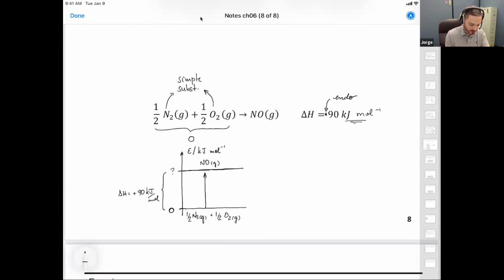So the next step is to use the formula for delta H. Delta always means final minus initial. For a chemical reaction, products minus reagents.